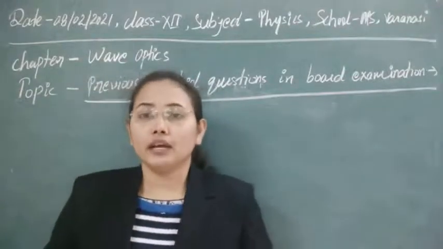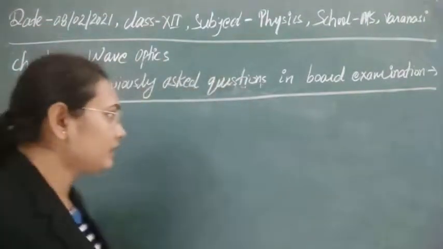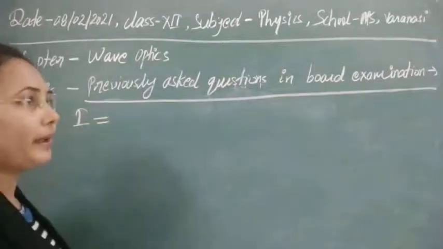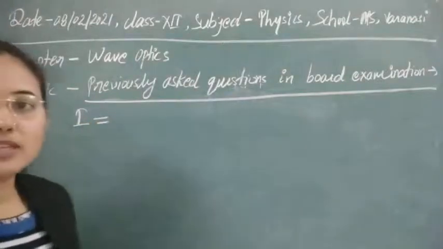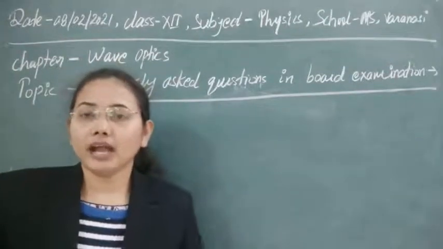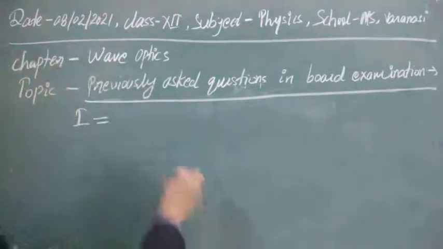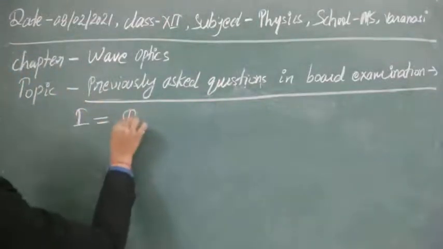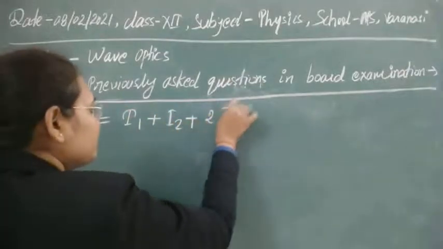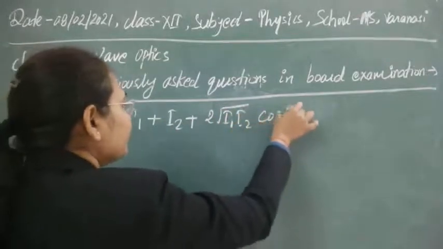First of all, in the case of the intensity pattern, as we have seen, the resultant intensity due to superposition of two waves that have a constant phase difference phi and frequency omega, and whose amplitudes are a1 and a2, is I1 plus I2 plus 2 root I1 I2 cos phi.